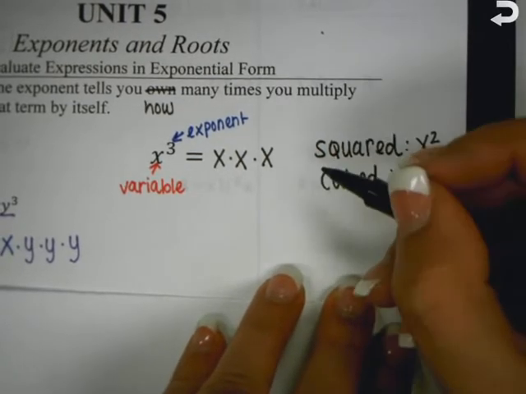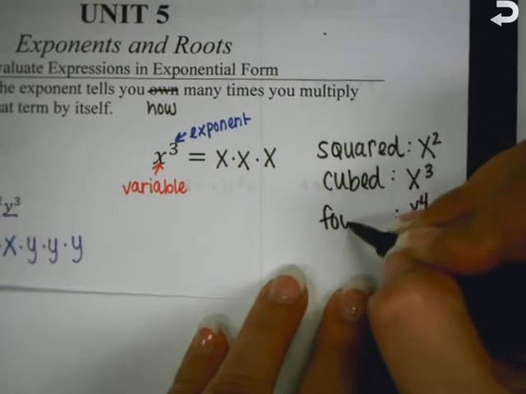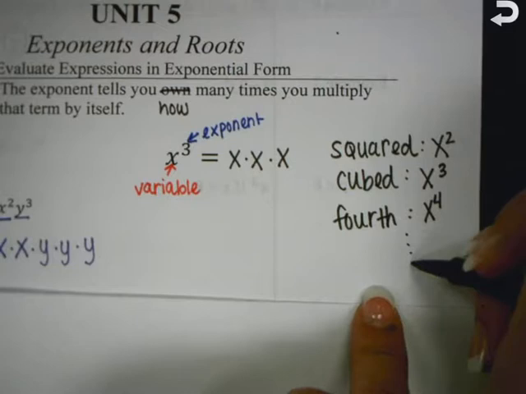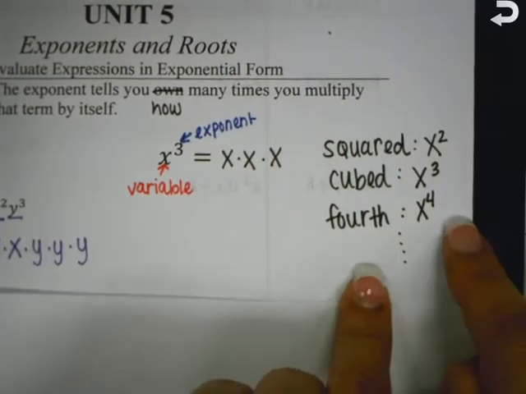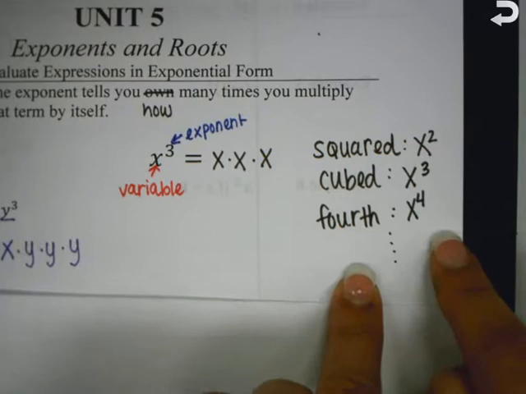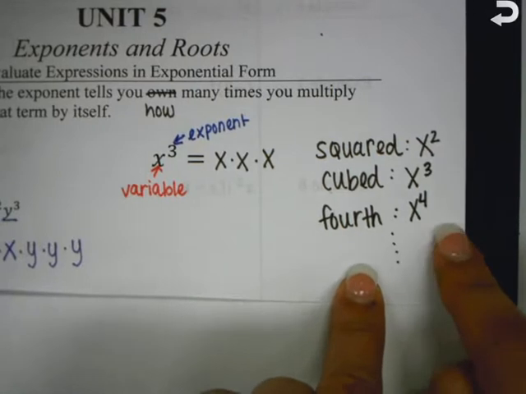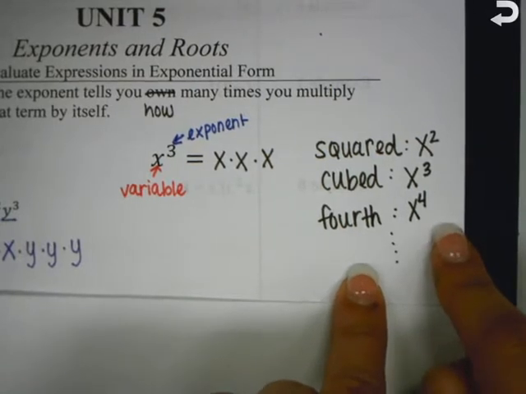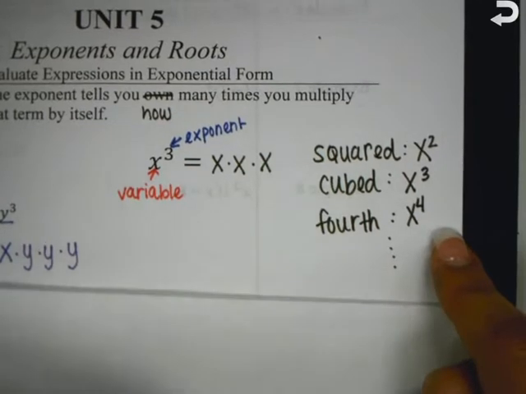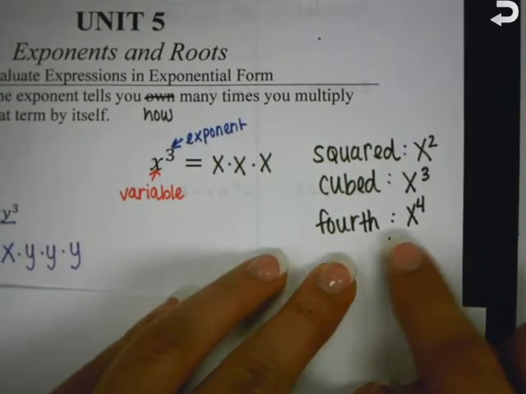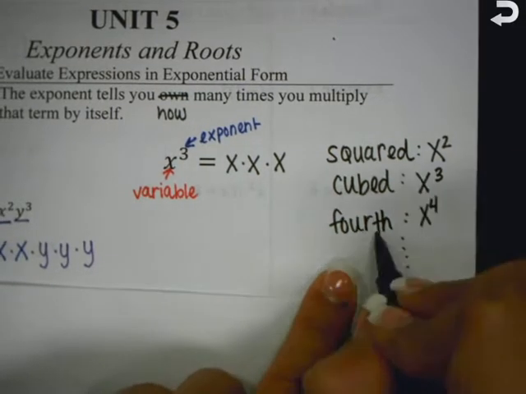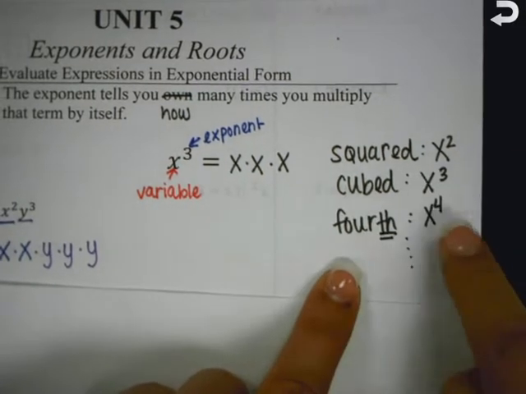We do not call it x4, x6, x7, because those are something totally different that you will use later on in math when you get to high school. So we need to make sure that we start with good habits now, and we put that th at the end when we're talking about exponents. X to the fourth, or x to the sixth.